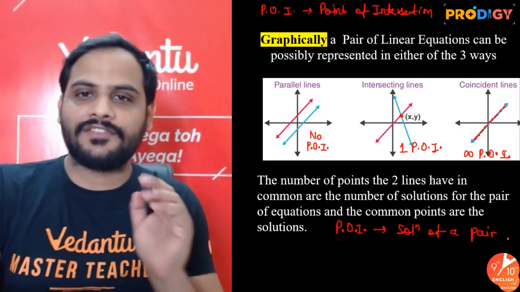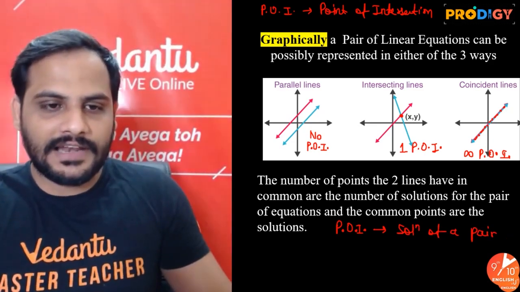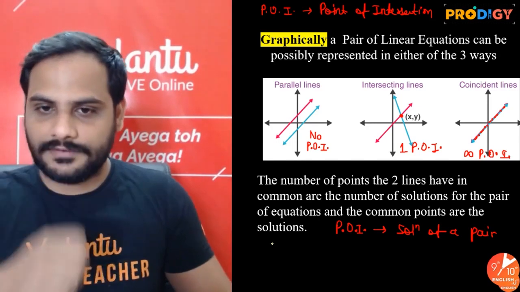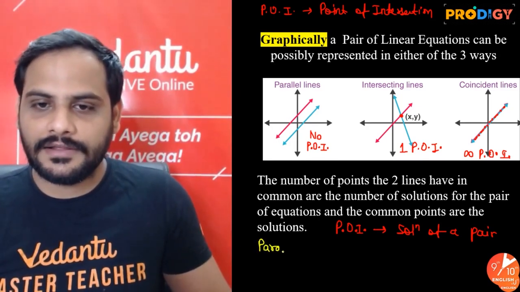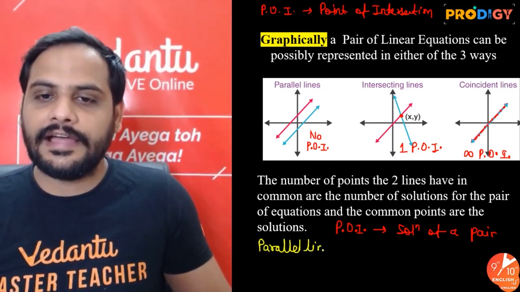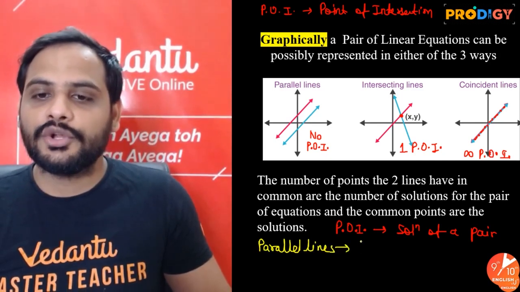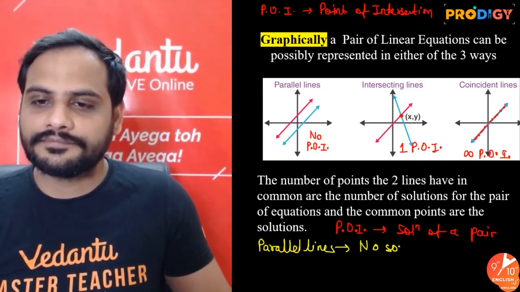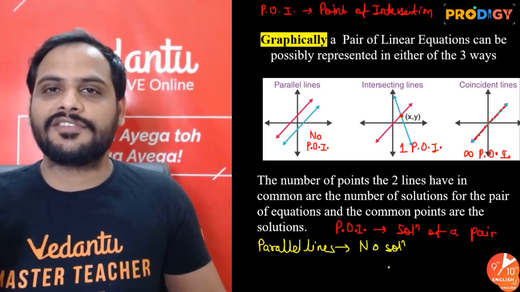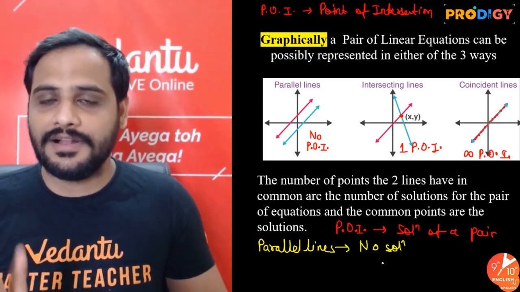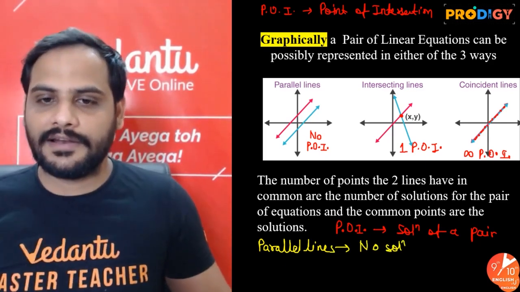So if the lines are parallel, no solution exists for the pair of linear equations in 2 variables.